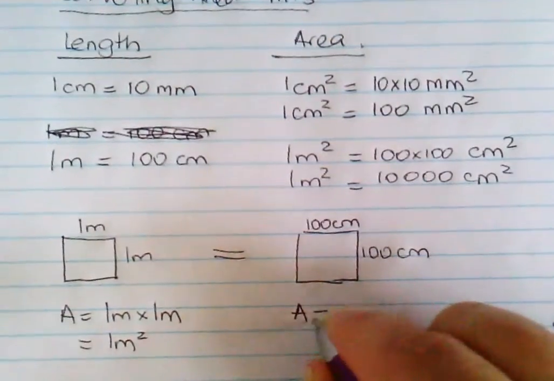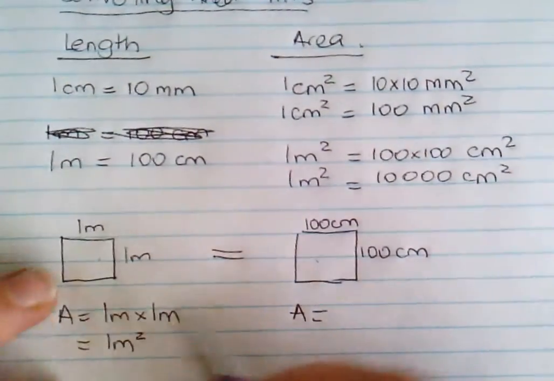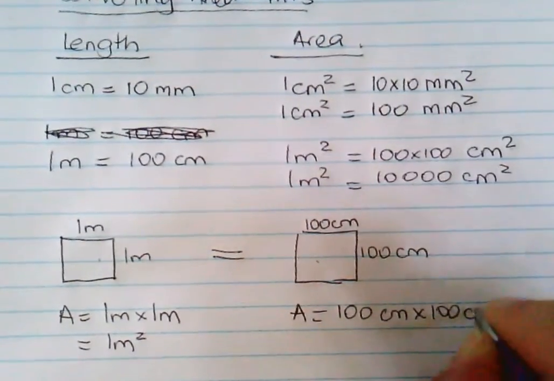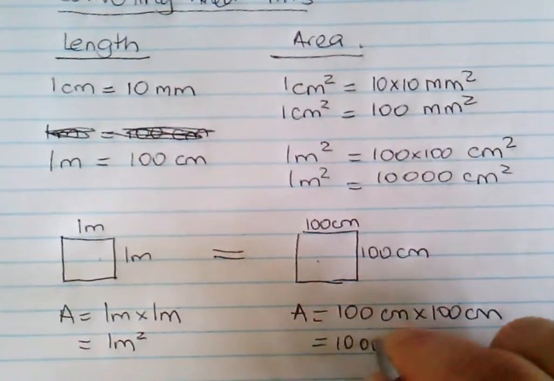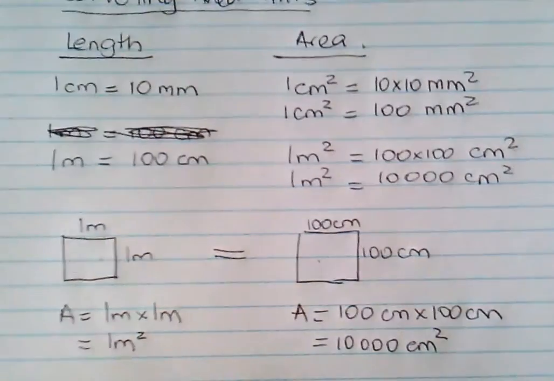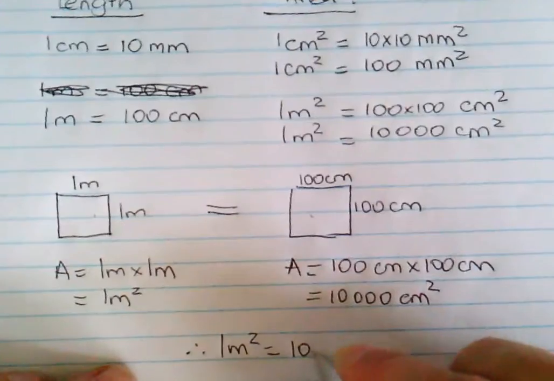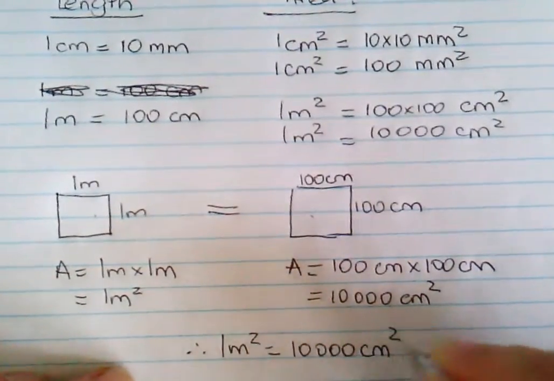So the area of this, they're identical, these squares. They're just written in different units. It's 100 centimetres times 100 centimetres, which is 10,000 centimetres squared. That's why we can see why 1 metre squared is equal to 10,000 centimetres squared.